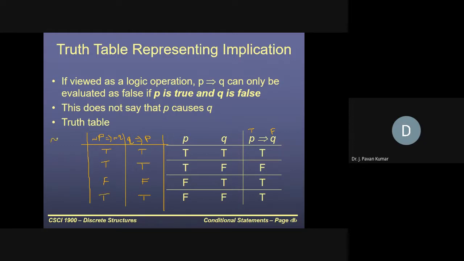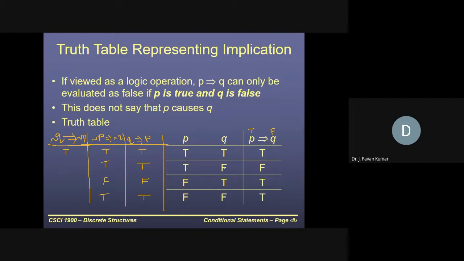Next, consider the contrapositive. What is the contrapositive for P implies Q? Negation Q implies negation P. Now what is negation Q? If we have false for the first one, definitely it will be true.